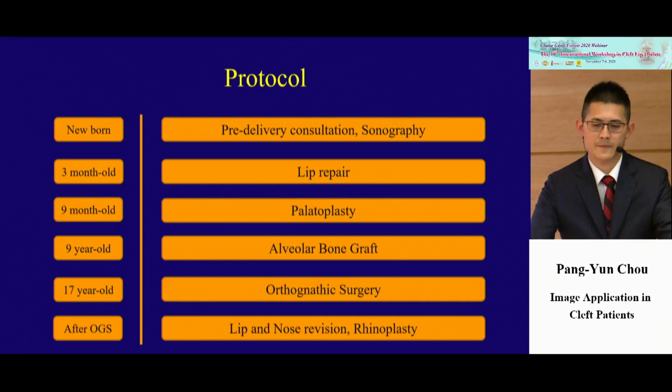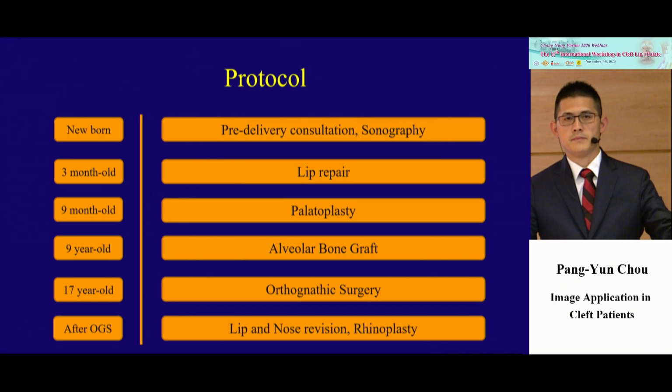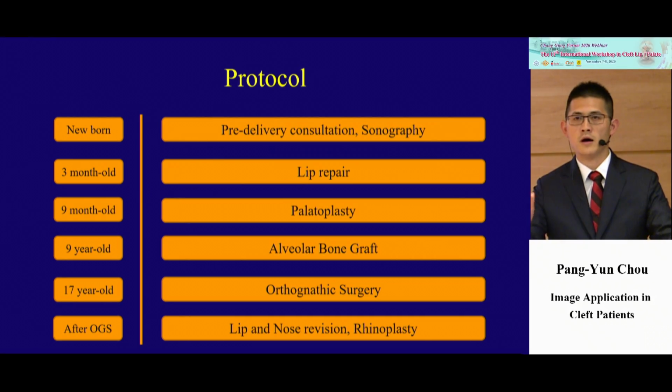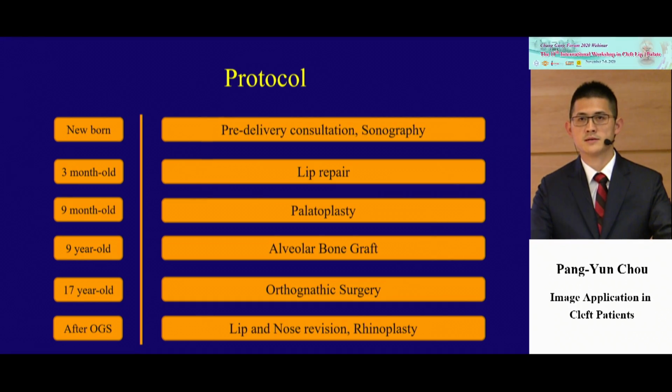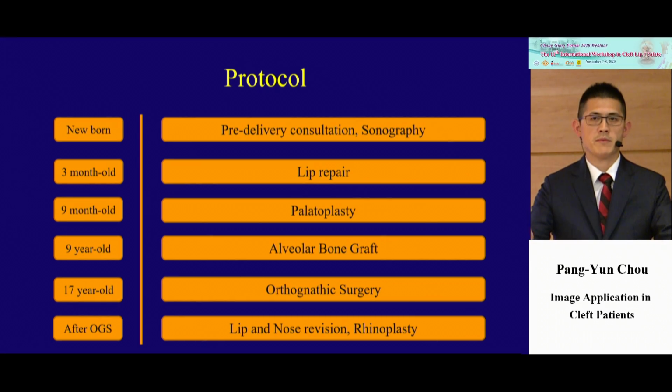As you can see from this slide, all the babies receive care not from only one or two surgeons or orthodontists. It includes a multidisciplinary team, including the psychosocial therapist, psychologist, speech therapist, and ENT doctors.